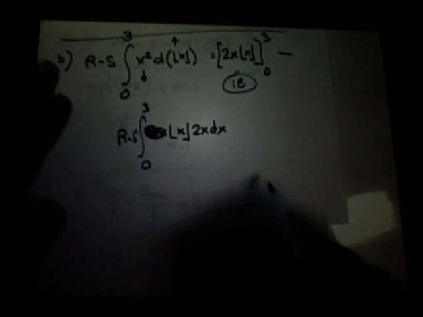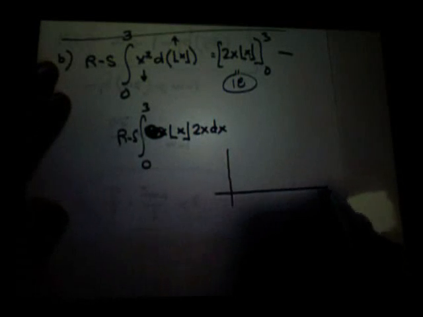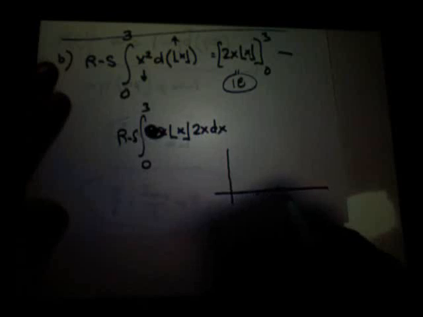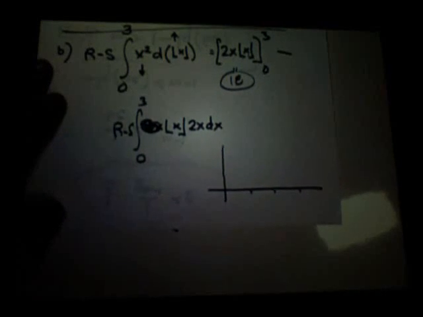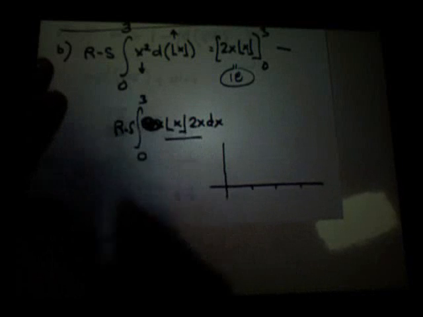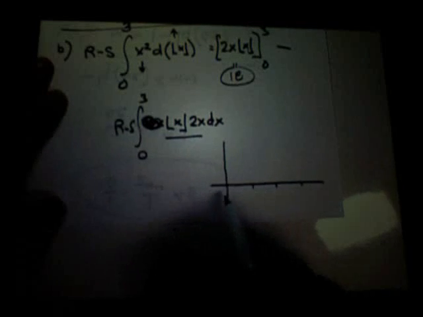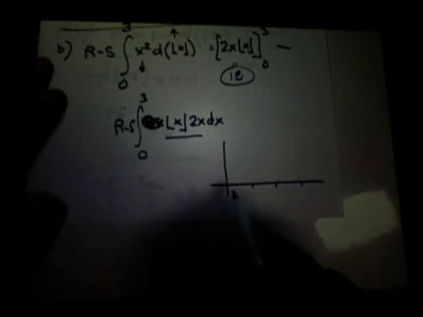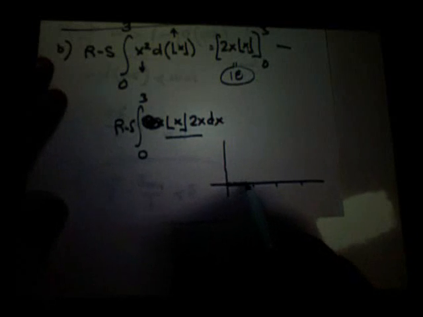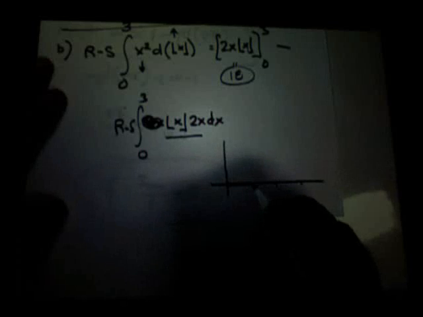How about this one? Can we look at that? So here's 0, 1, 2, 3. What's this product going to look like? From 0 to 1, the greatest integer in x is 0, so it's nothing. And as soon as we get here, we hop.